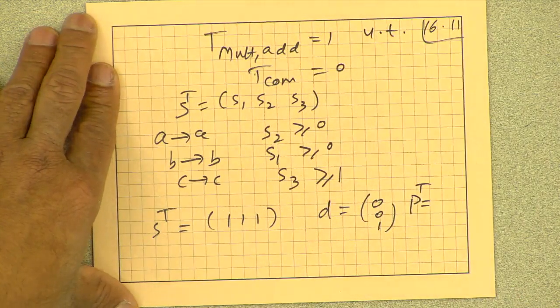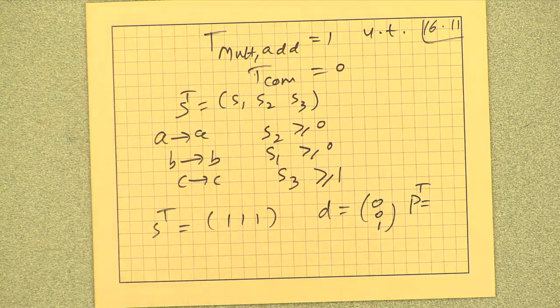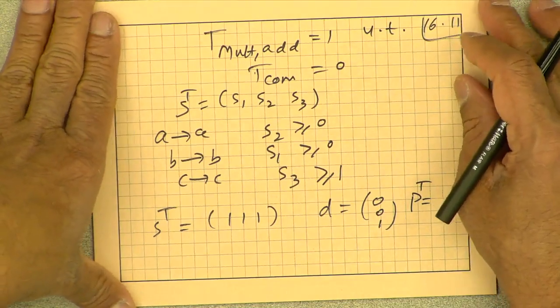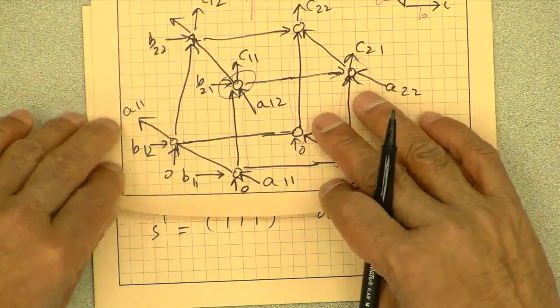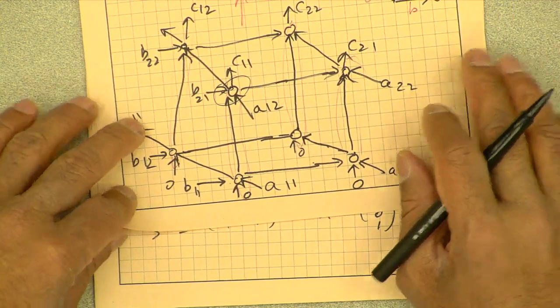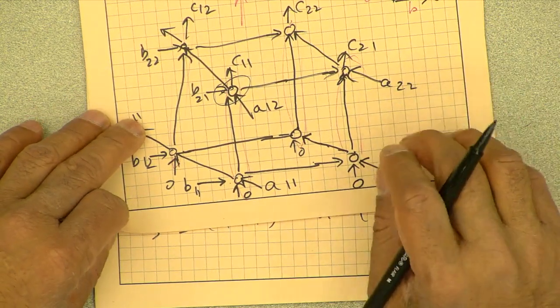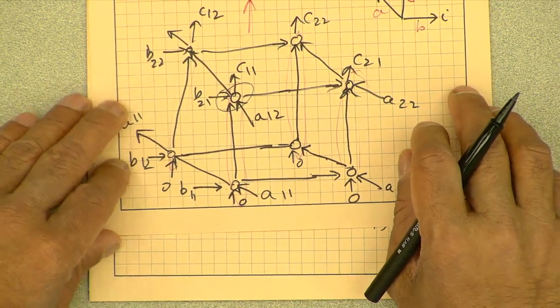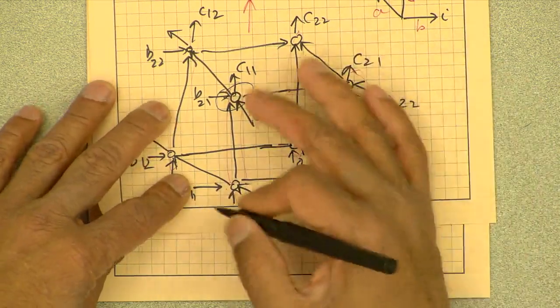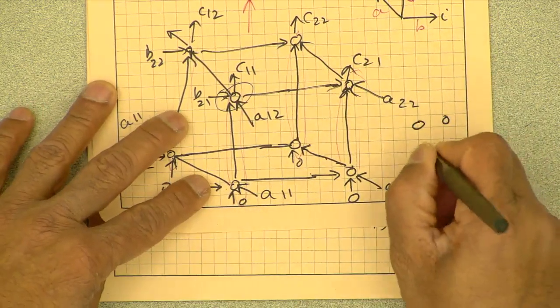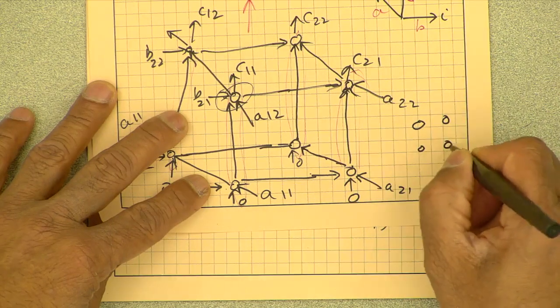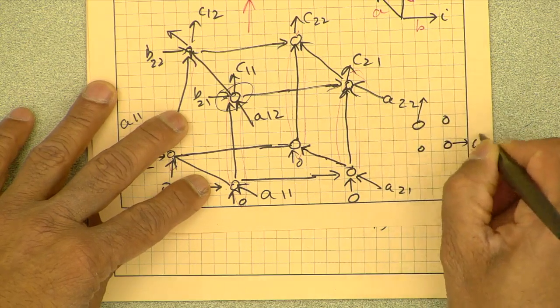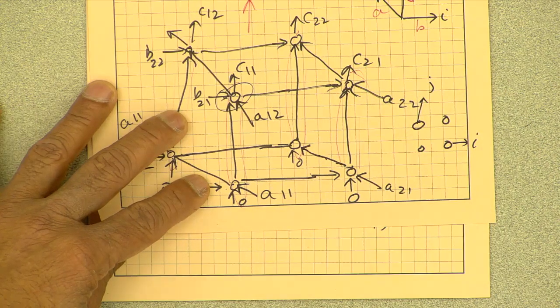Okay. Now, what is going to be the P transpose here? Now, we are mapping the 3-dimensional dependence graph to a 2-dimensional systolic array. That means, unlike the previous example, where we took a 2-dimensional dependence graph and mapped to a 1-dimensional systolic array, now these are mapped to a 2-dimensional systolic array. So, every PE has to be assigned a 2-dimensional representation.